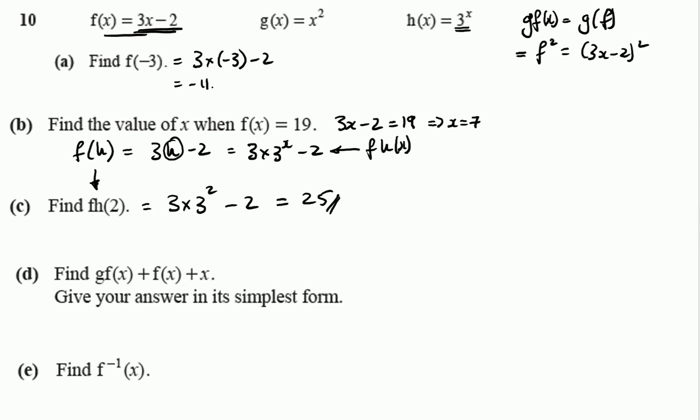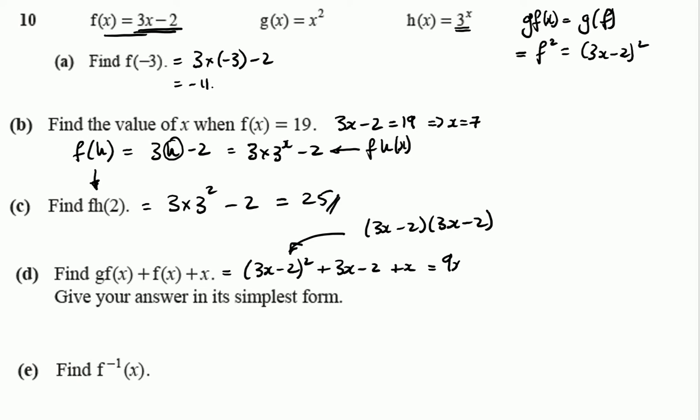Okay, so that's gf of x. Let's substitute this in. 3x minus 2 squared plus f of x, which is 3x minus 2, plus x. To give the answer in its simplest form, I will multiply my brackets and collect like terms. 3x minus 2 squared is 3x minus 2 times 3x minus 2.